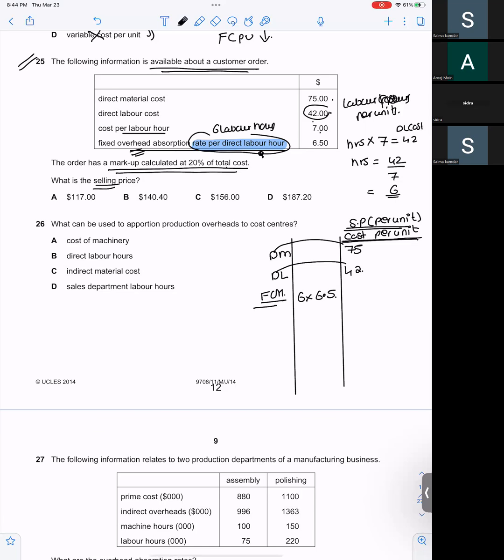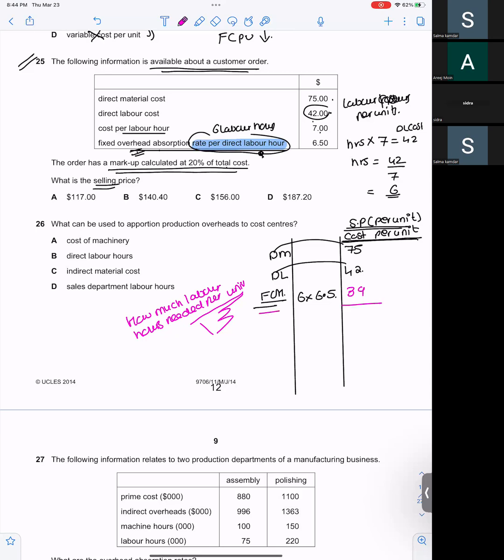But for fixed overhead, they told me that fixed overhead is absorbed at the rate per direct labor hour. So I need to know how many labor hours are needed for 1 unit. So it would be 6 into 6.5. This makes it 39.